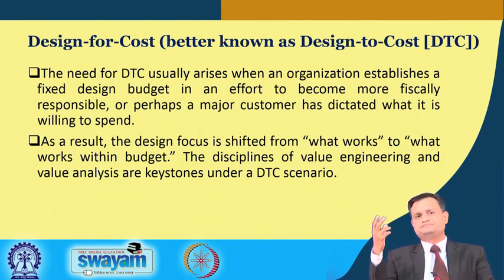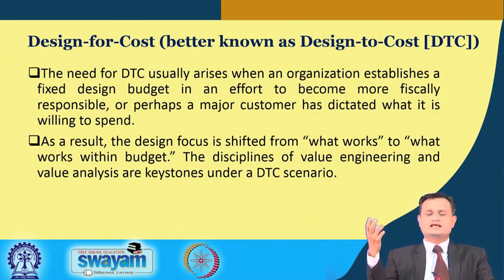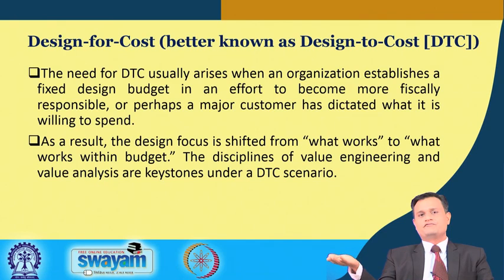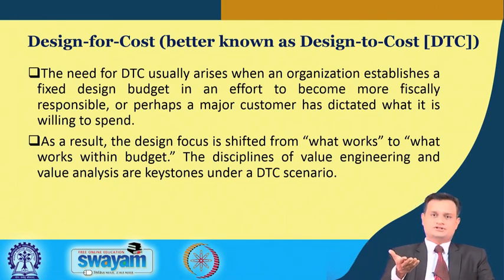Suppose you are using the very traditional button type mobile, then maximum 1200 or 1300 rupees, and you even get it in 450 or 500 rupees. I have checked on Amazon. So nobody would like to pay anything more than 500 to 1300, and you have to manage your design within this.